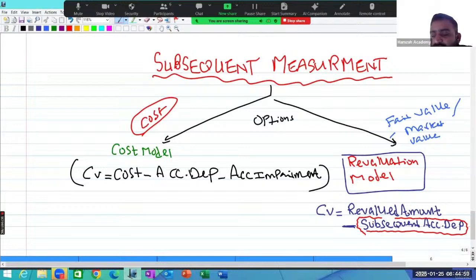So we can use the cost model or we can use the revaluation model. We have the choice. Under the cost model, carrying value will be equal to cost less accumulated depreciation minus accumulated impairment. And under the revaluation model, where we carry the asset at market value, the carrying value will be equal to revalued amount less subsequent accumulated depreciation.